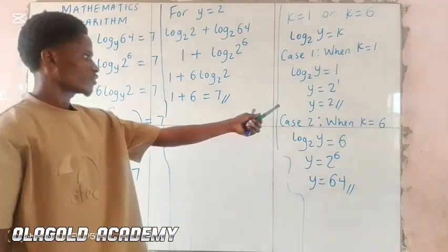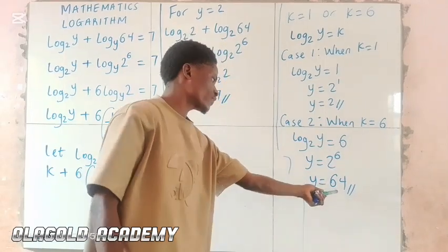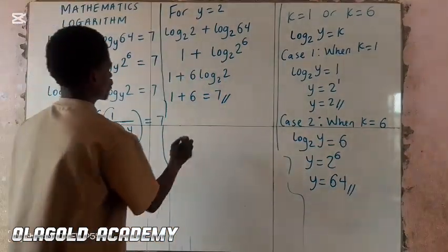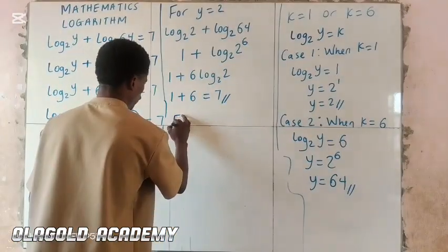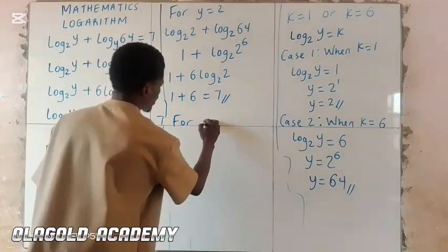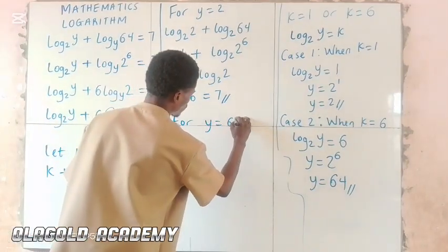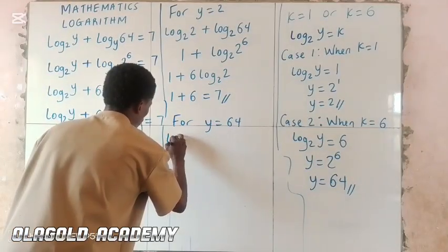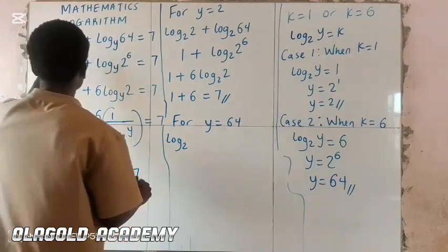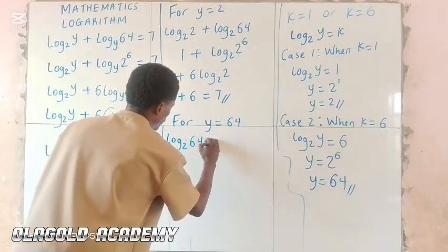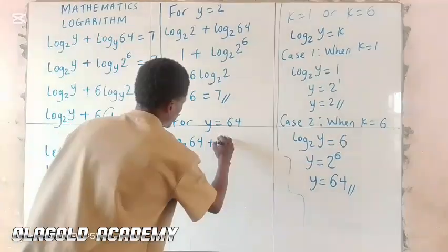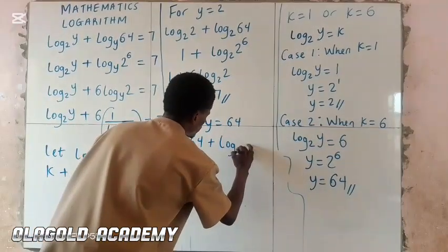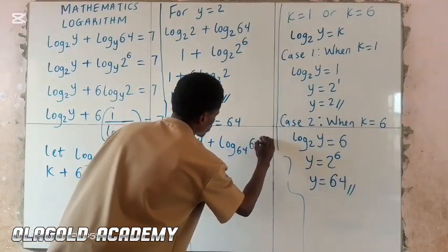And let's check for y equals 64. For y equals 64, it becomes log 2 of 64 plus log 64 of 64.